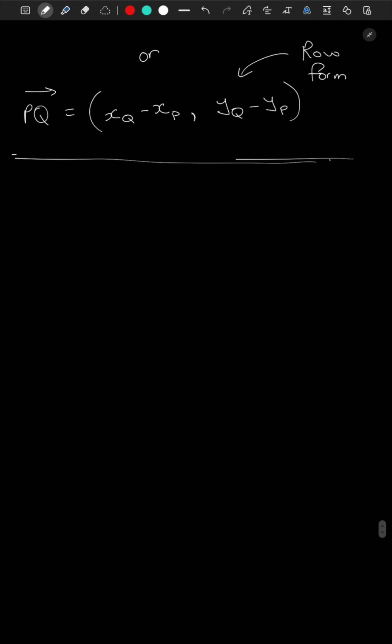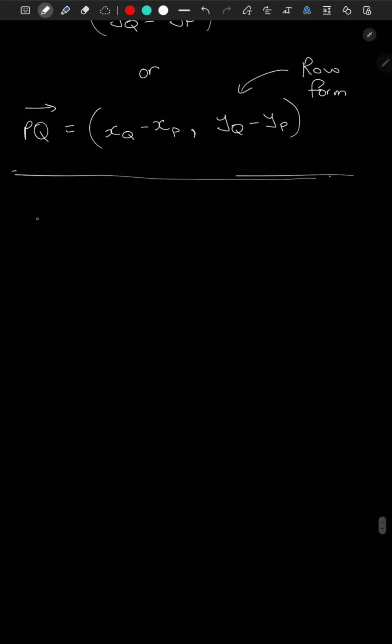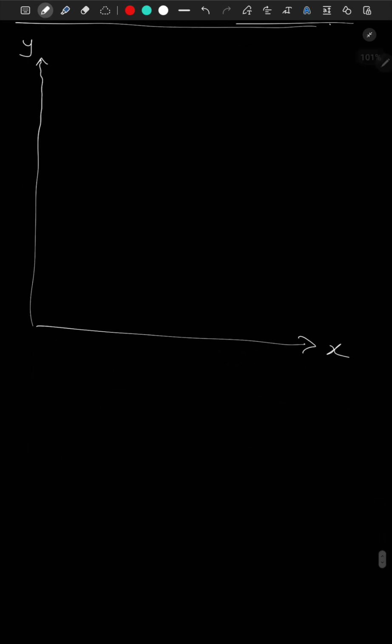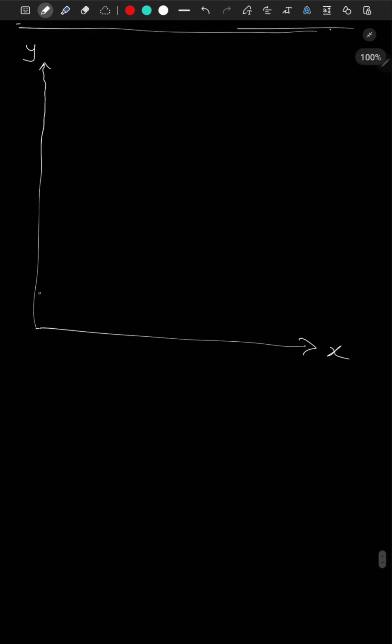So let's take another example of a boat problem in 2 dimensions. So this is the x and y axis. Suppose a boat is positioned at A from the harbor. So let's call this the origin, and at an angle of theta.